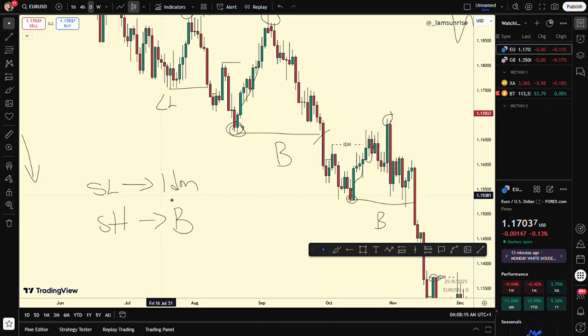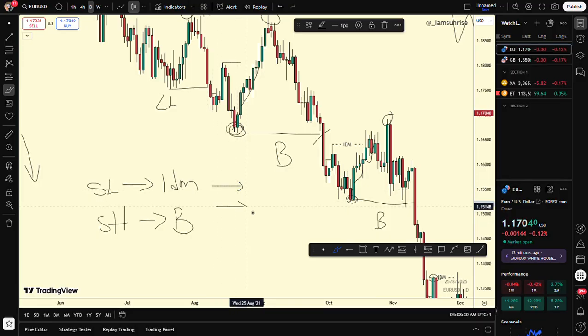Strong high, inducement must be taken out. Strong low, break of structure. So it's just like an inverse. Correct? I think they do something like this. We can do something like this for uptrend as well. You understand?